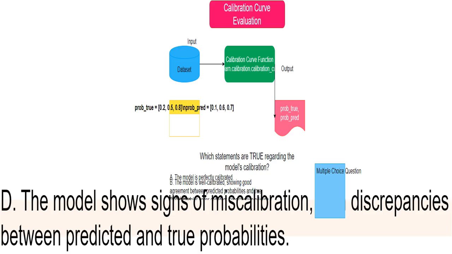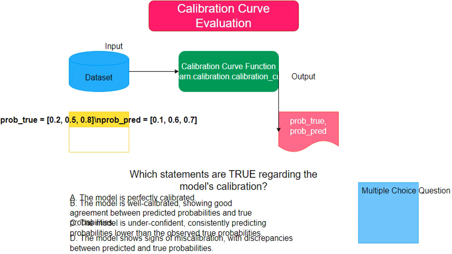The differences between _prob_true and _prob_pred, although small in this simplified example, demonstrate a lack of perfect calibration. The model is showing some level of miscalibration. The dataset is not explicitly shown but is implied to be the data used to generate the _prob_true and _prob_pred outputs in the calibration curve function.